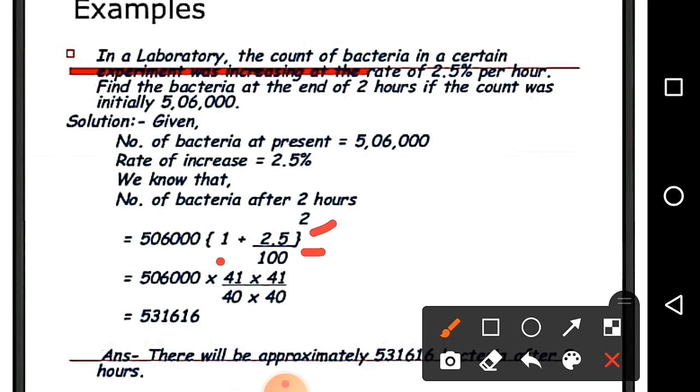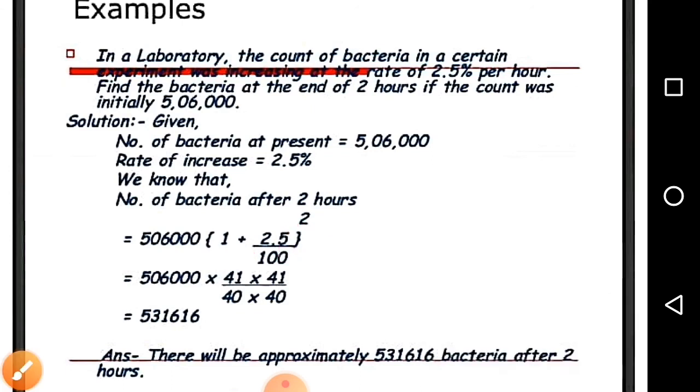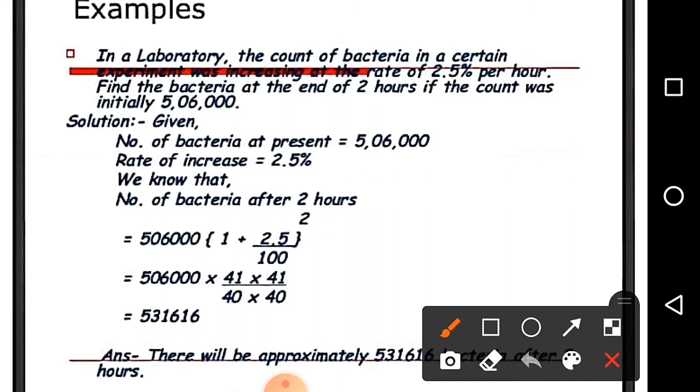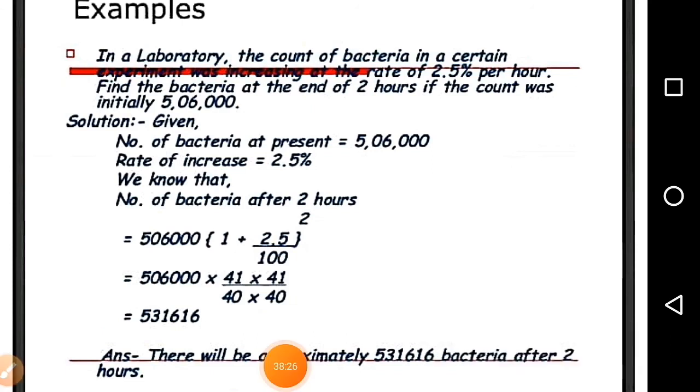Now you can take out the LCM and do cancellations here if possible, and after calculation you will get 41 upon 40. So 41 upon 40 you have to write 2 times because it is raised to 2. After calculation you will get the answer: approximately 5,31,616 bacteria after 2 hours. This way you can calculate the bacteria count.